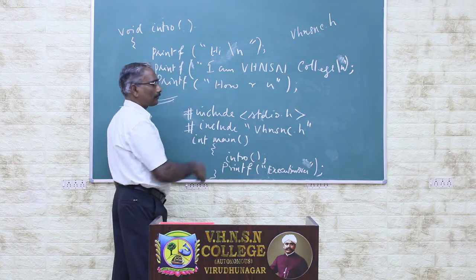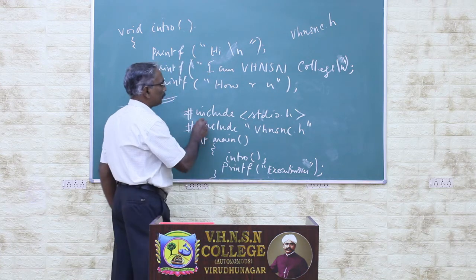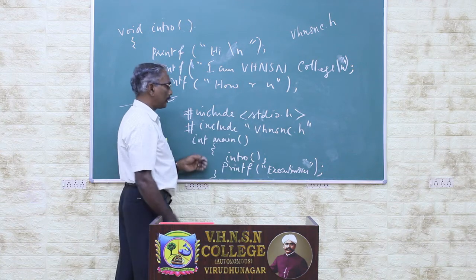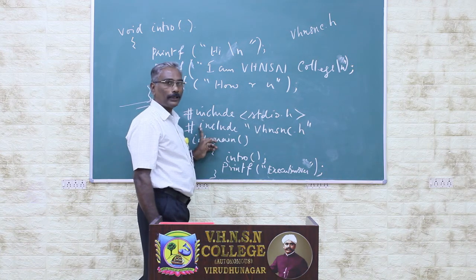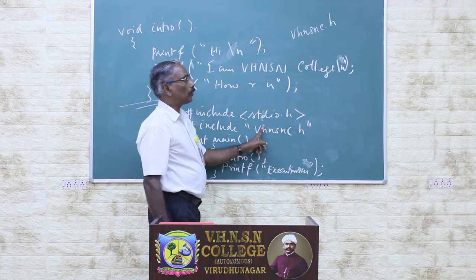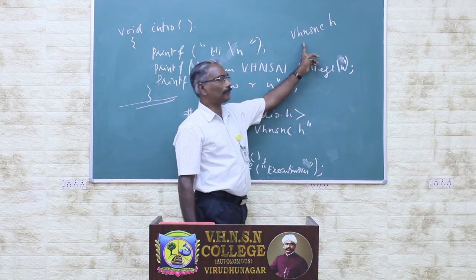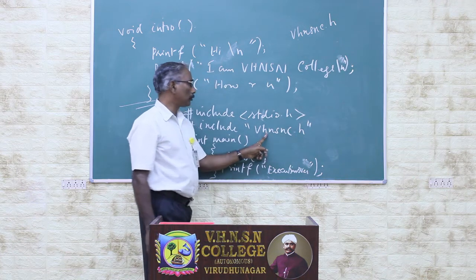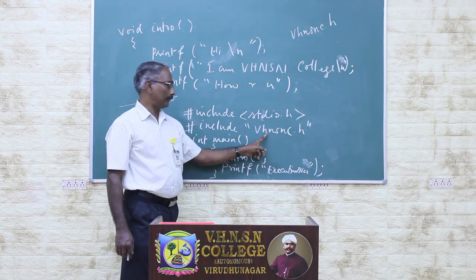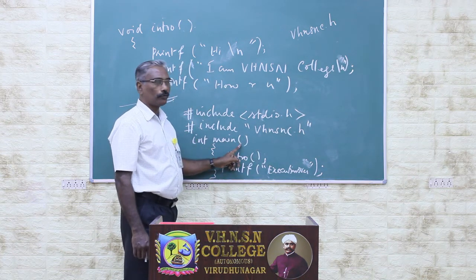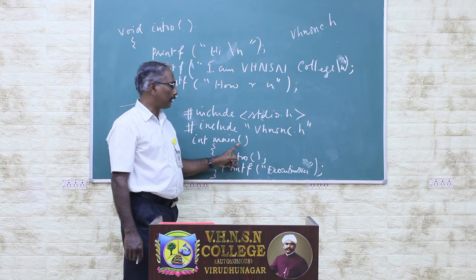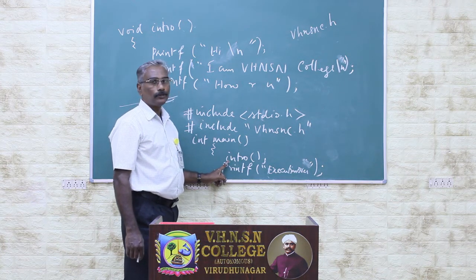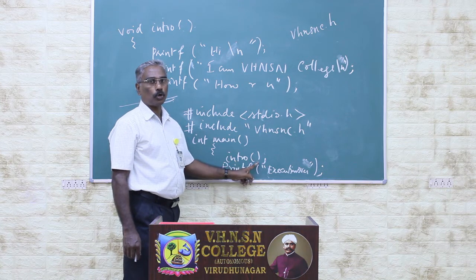So how to call this function in the main program? You include stdio.h. The next one is you include the header file. In what file name have we stored the header file? ehnsnc.h. So we have included this header file here. Then you start main and call the function intro.